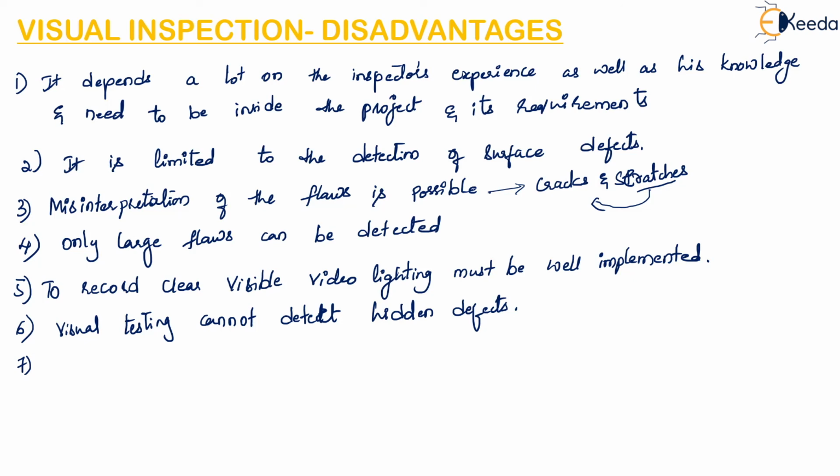In short, visual inspection can be used only when you see that there are defects present on the surface, not inside or hidden defects which are present in the component. So this is all about the oldest, most common and least expensive type of NDT method, that is visual inspection. I hope you have understood the topic.